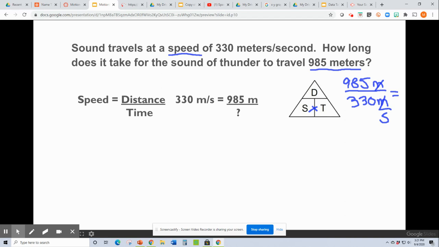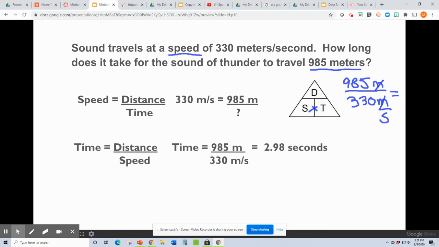So we set the formula up for you. Speed is equal to distance divided by the time. Remember, I would just cover up whichever thing you're solving for. So I filled in 330 meters per second, because that was the speed, is equal to the distance. I knew the distance, 985, and now I had to solve for time.